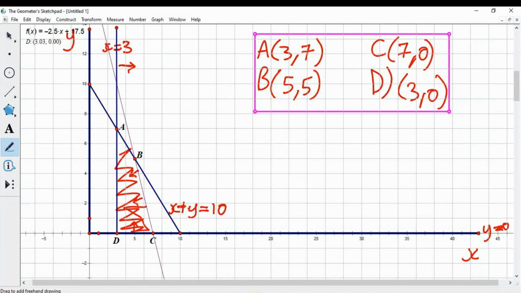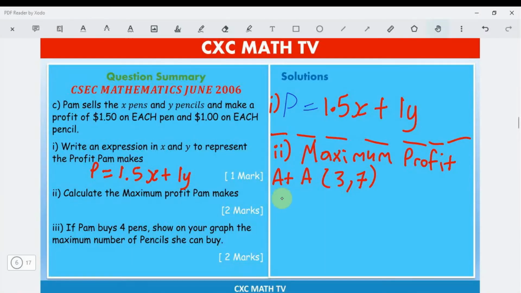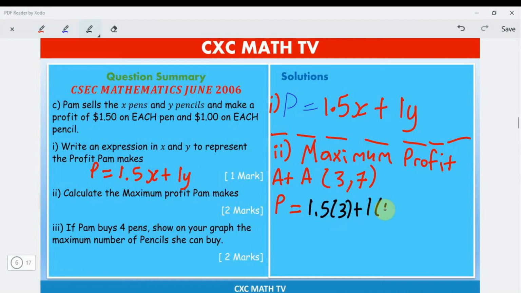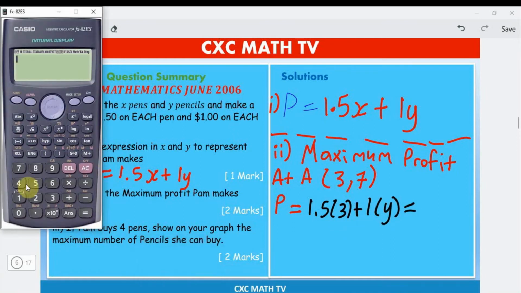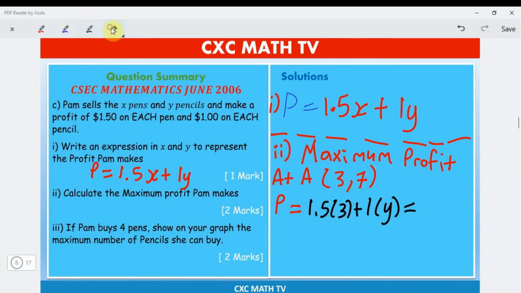3, 7, yes. So at A, we can see that the profit would be equal to replacing the X value with 3 and the Y value with 7. So that is 1.5 times 3 plus 1 times 7. You don't need to put that into your calculator. Just go ahead and add it normally, because 1 times 7 is 7.